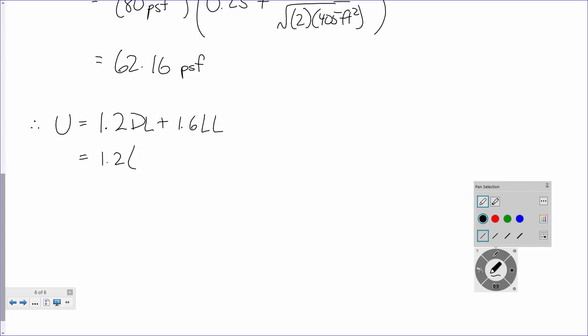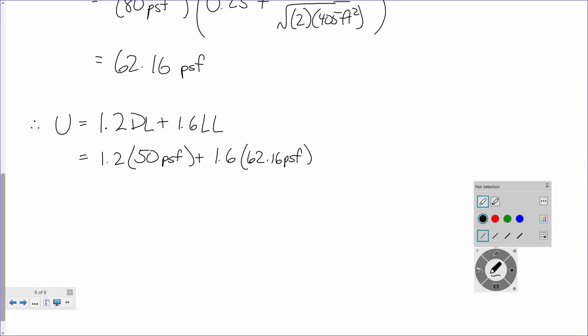Now, look at the numbers. We're only given dead and live loads. So if you look through the variables, the only one that's going to govern is either the first one or the second one. And if I start plugging in numbers, this is 50, and that's our 62.16. I'm getting tired.